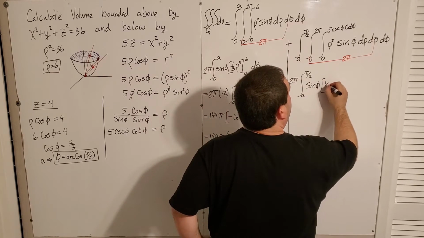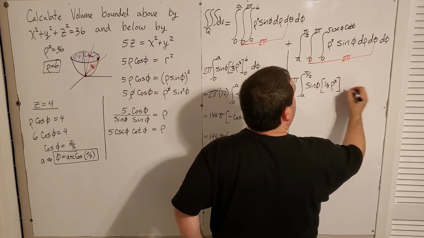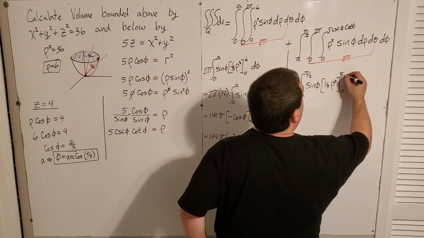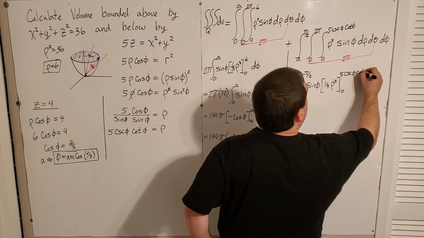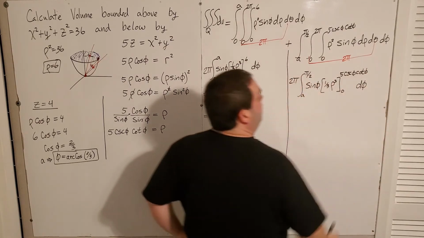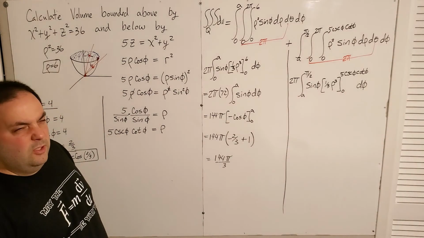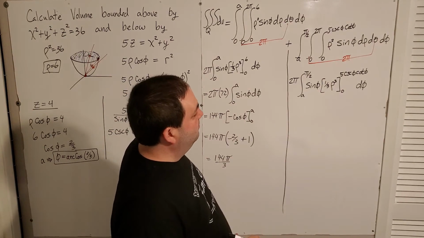So I get my 1/3 rho cubed again. And then that's from 0 to 5 cosecant phi cotangent phi d phi. I know, looks a little messy. Hang on, just bear with me, right?